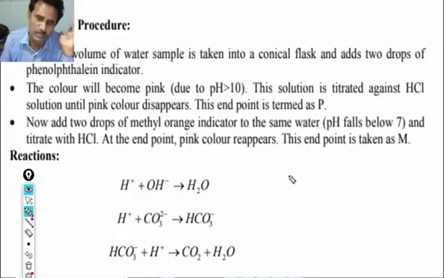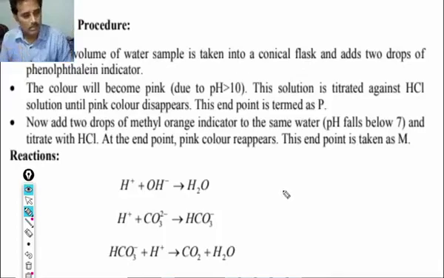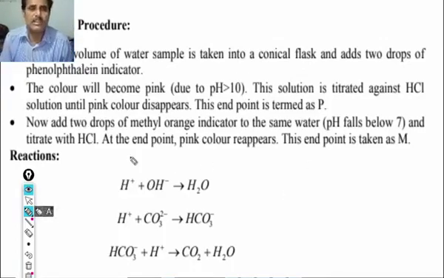In the standardization process, we are standardizing the HCl solution, because HCl is the secondary standard solution and sodium carbonate is the primary standard solution. By using sodium carbonate, we standardize the HCl solution, and then after standardization we go for the second step, the estimation of the alkalinity of the water sample.